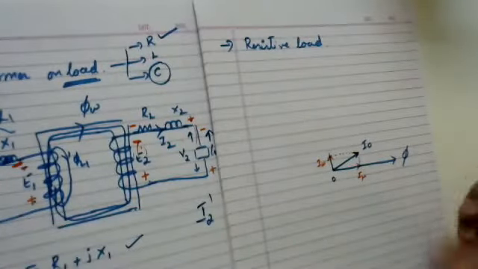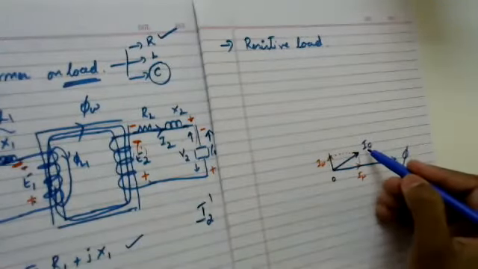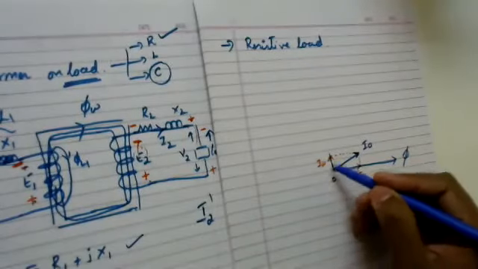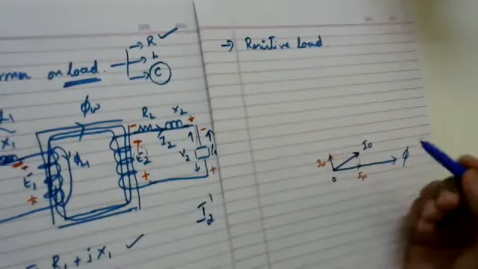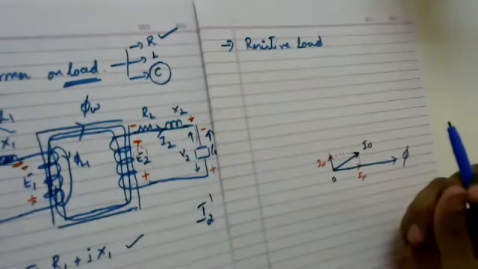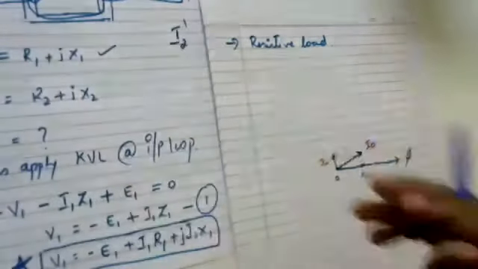Now I have developed my no load current I naught, where the no load current I naught is the vector sum of I mu and IW. Then next, I need to compute the phasor for my I1, the primary current.